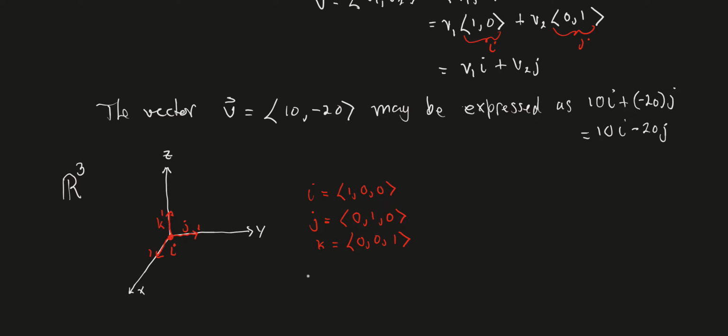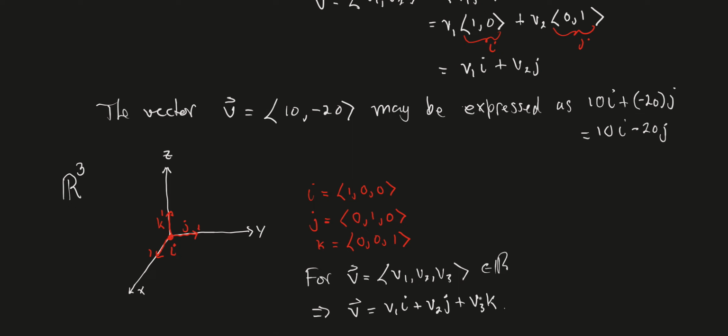And so we can say, if we have any vector in R3, v1, v2, v3, then we can do the same algebraic steps that I showed earlier. So I'm just going to write it down. This vector can also now be written as v1 i plus v2 j plus v3 k.